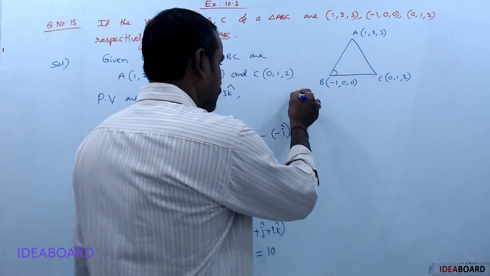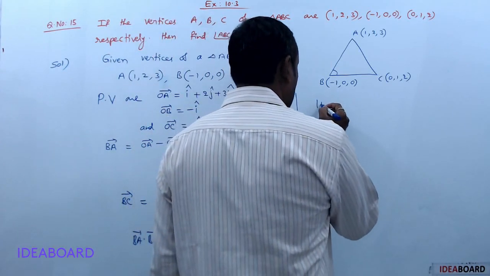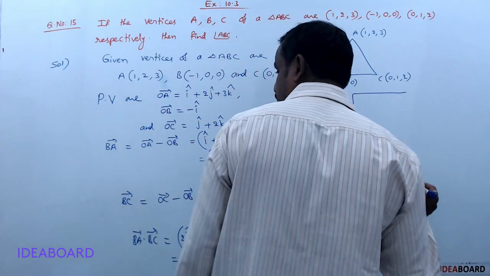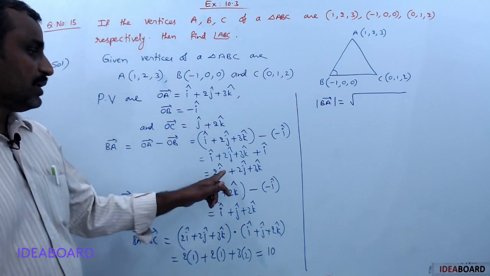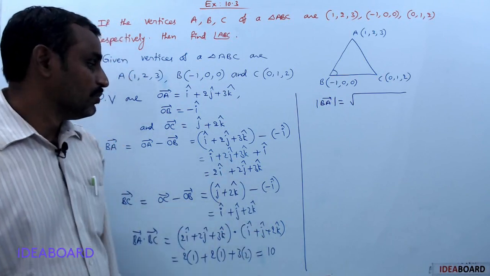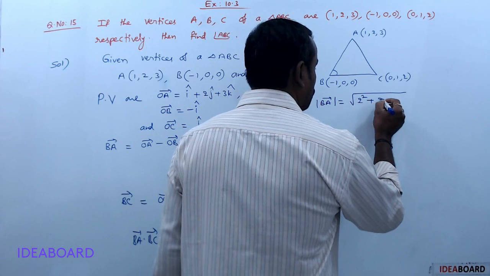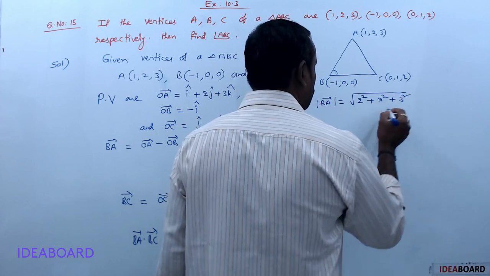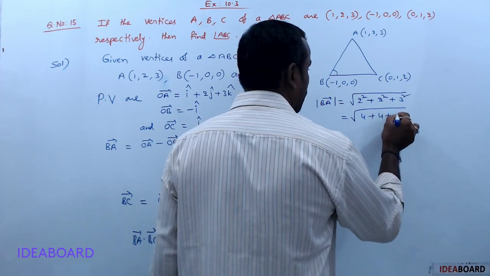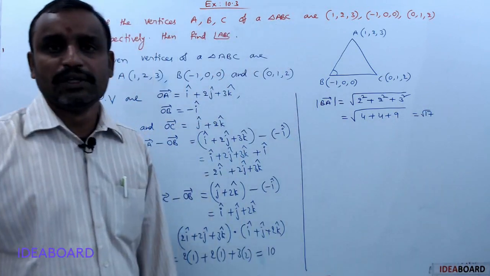Now calculate the magnitude of BA bar. It is the square root of 2 square plus 2 square plus 3 square, where the scalar components of 2i cap plus 2j cap plus 3k cap are 2, 2, 3. Simplify: square root of 4 plus 4 plus 9, so the magnitude of BA bar is root 17.